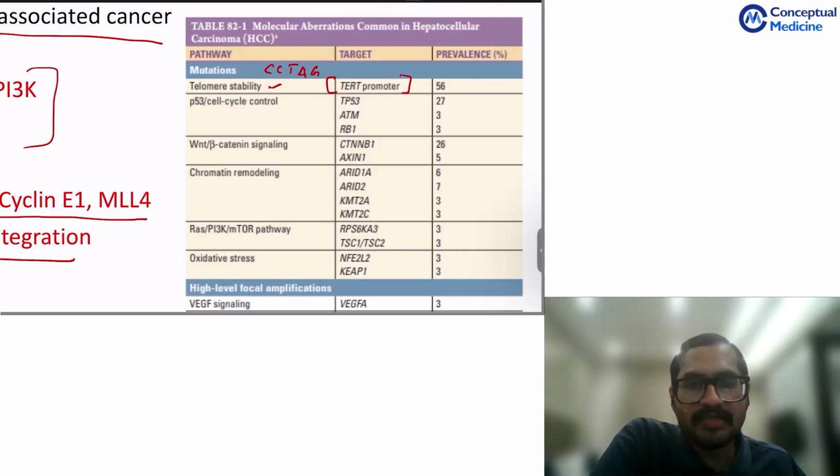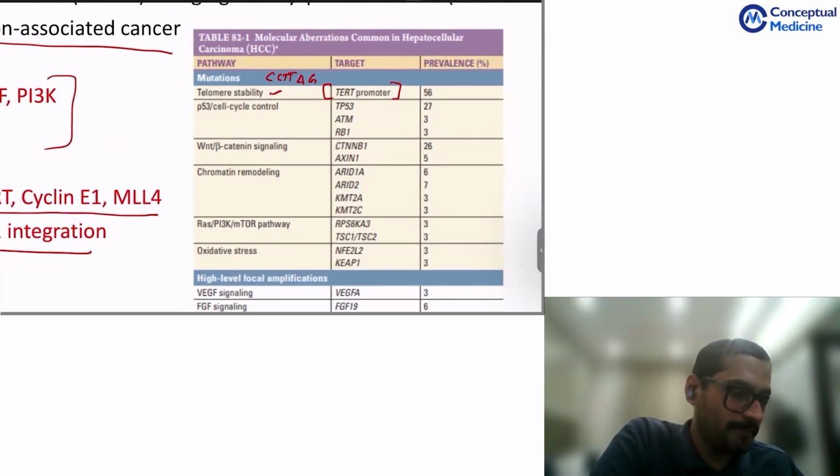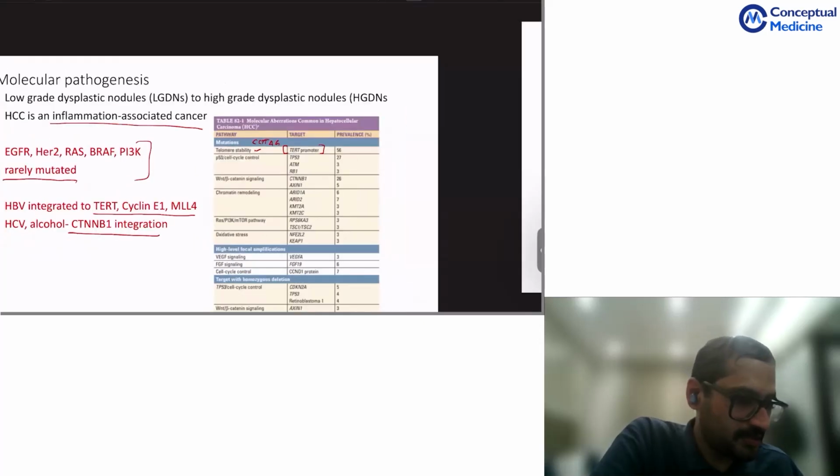The sequence of the telomere is CCCTAA, which helps in preventing cells from senescence. When this enzyme is deficient, cells won't have telomeres, and thereby cells undergo early senescence. So the TERT promoter is most commonly affected in hepatocellular carcinoma, followed by other mutations.